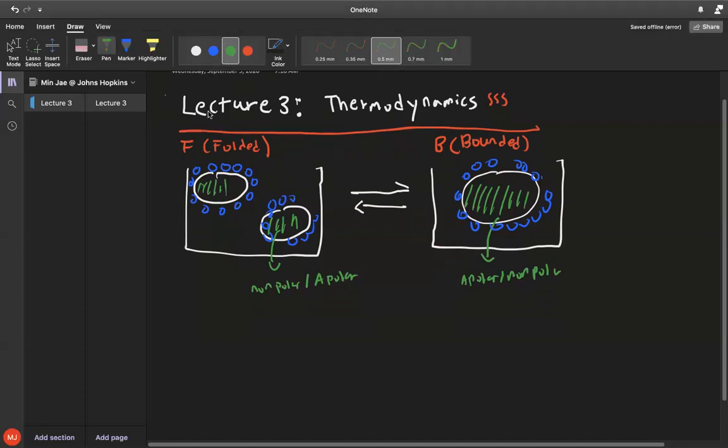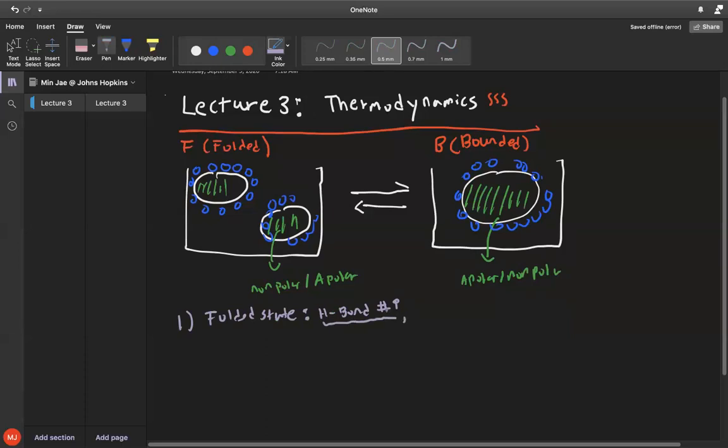Okay, so let's think about the change in state, back and forth, in terms of breaking the hydrogen bonds. For the folded state, we see, per surface area of each molecule, a greater number of hydrogen bonds formed.